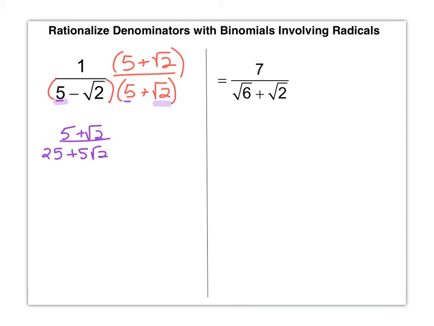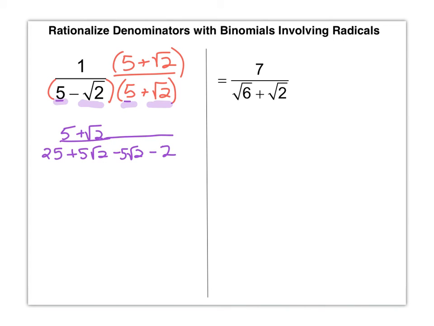The inner is the minus square root of 2 times the positive 5, which is negative 5 square root of 2. And then the last, the negative square root of 2 times the positive square root of 2 is negative square root of 4, which is negative 2.